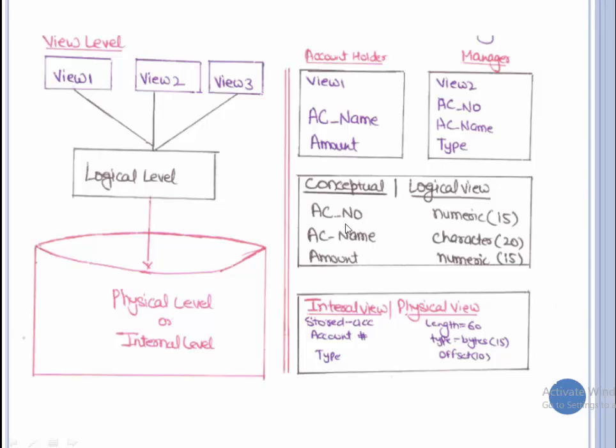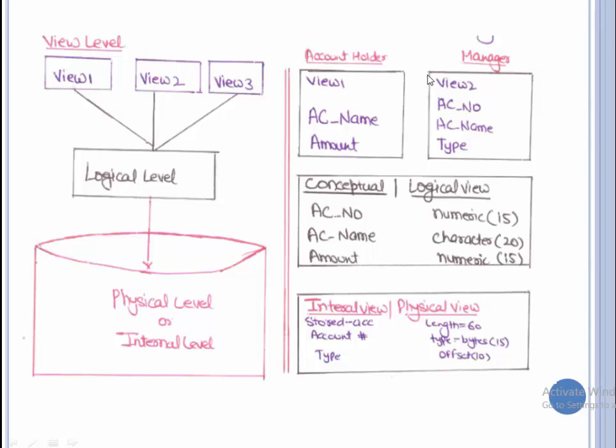These are described by the logical level as fields or attributes, and it also describes their data types. Here the account number data type is numeric, the account holder name is of type character, and the amount is again of type numeric. All this representation or these characteristics can be viewed in the logical or conceptual level.